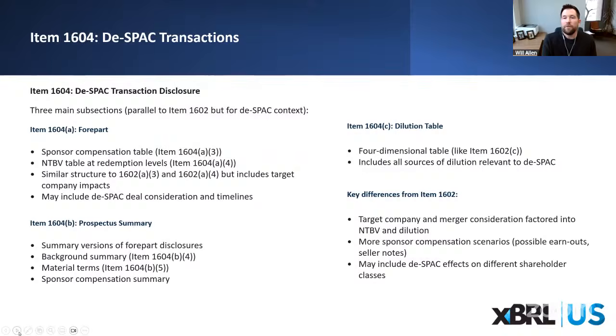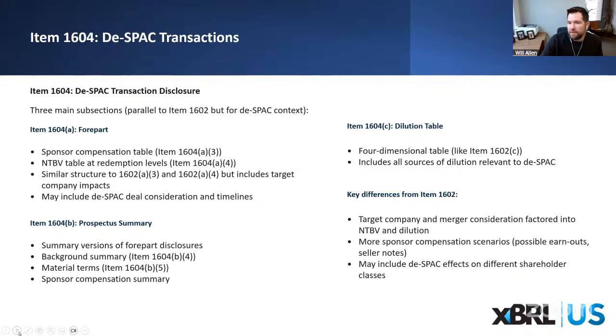Okay, jumping into the 1604 de-SPAC transactions. So item 1604 is the de-SPAC equivalent to 1602. So I won't go into a crazy amount of detail since we did go into 1602 pretty deeply. When a SPAC executes a business combination with a target company, the economic picture does change quite dramatically.